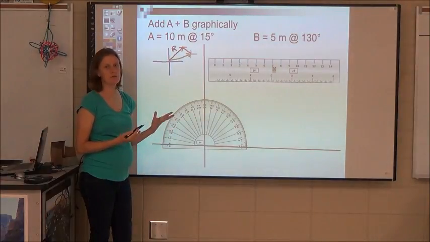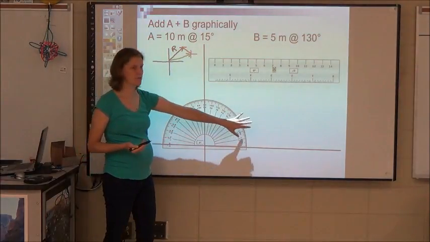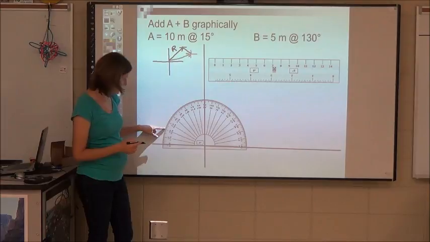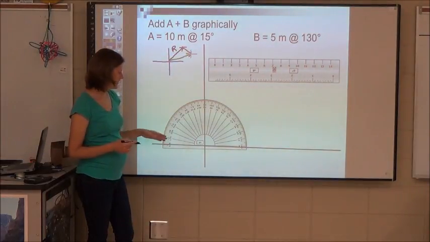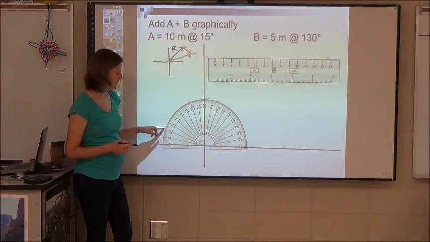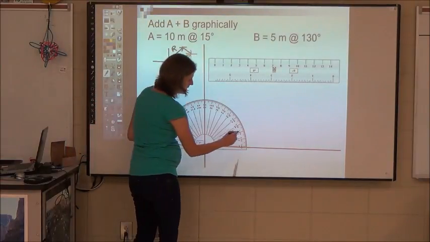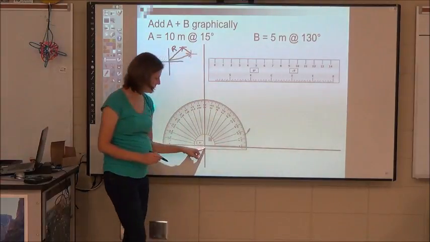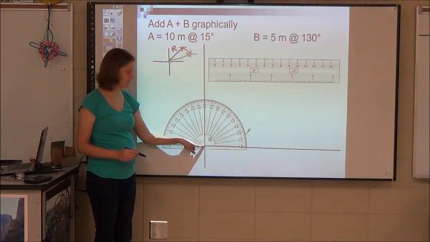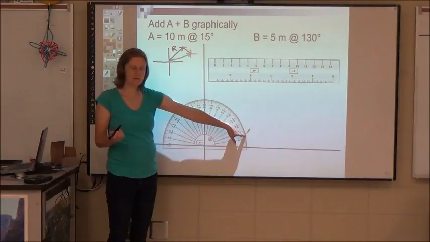All right, please use your common sense that 15 degrees is in the first quadrant. I know there's a 15 degrees over here, but that's not really 15 degrees. That'd be 15 degrees off of 180. Just put a dot. Put that little pinhole of your protractor on your origin and just put a dot where 15 degrees is.